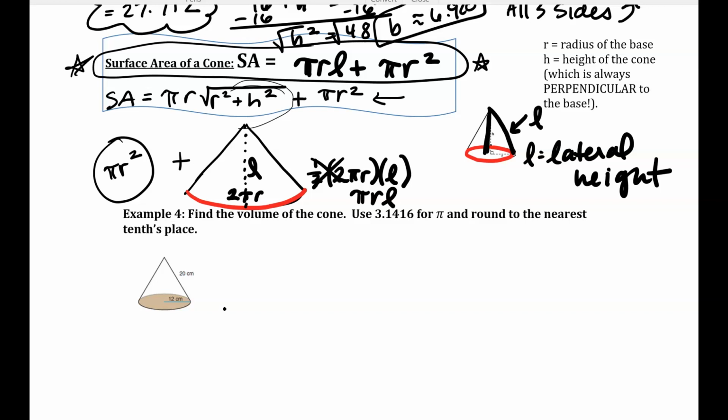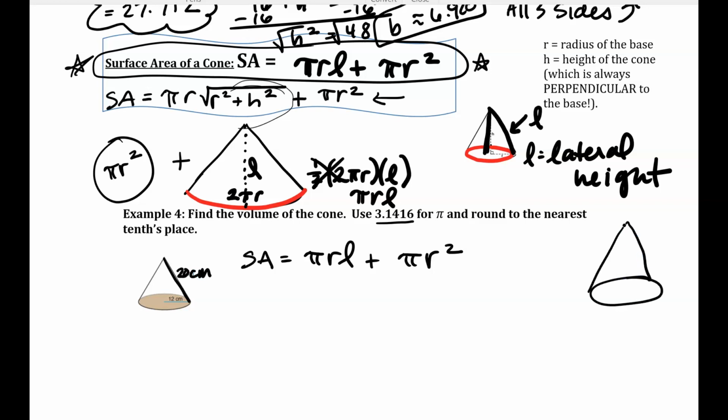So let's look at this next example. We're going to use 3.1416 for pi, just like we did with the cylinder, and I'm going to write down my formula. So surface area for a cone is pi r L plus pi r squared. Again, L is the lateral height, and it's 20 centimeters in this problem. If for some reason you were given a cone where you weren't given the lateral height, but you were given the height of the cone, let me draw that again.